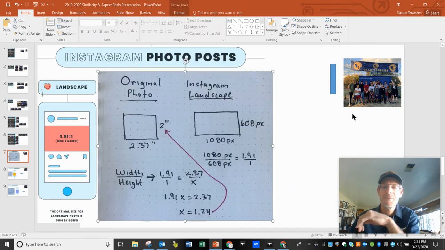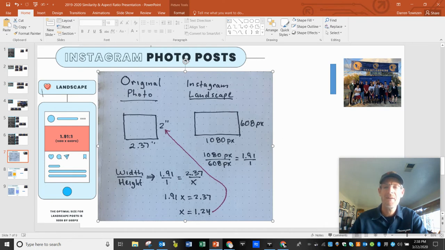And so if I take my picture and my picture is 2 inches by 2.37 inches, and Instagram says that it can be 608 pixels by 1080 pixels, which works out to a ratio of 1.91 to 1.